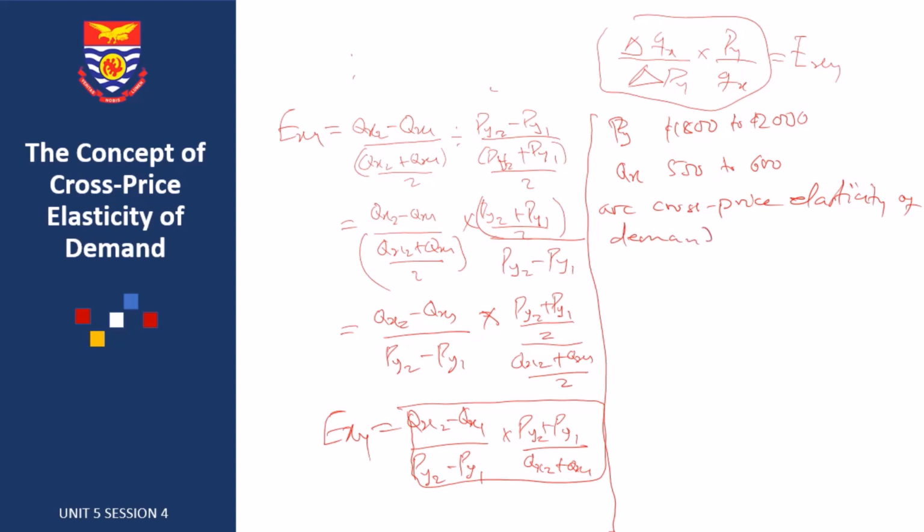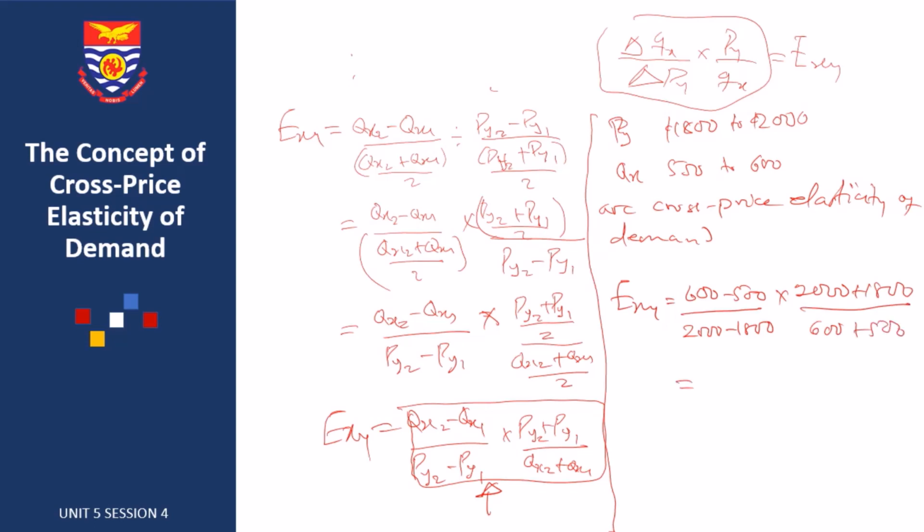So we are going to use the formula here. So we have EXY equal to 600 minus 500 divided by 2000 minus 1800 times 2000 plus 1800 divided by 600 plus 500.